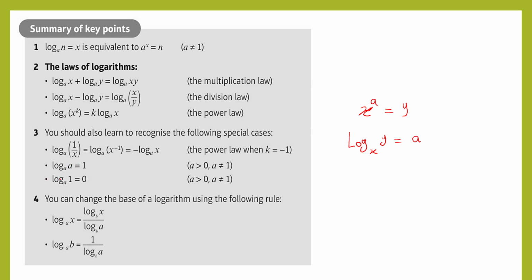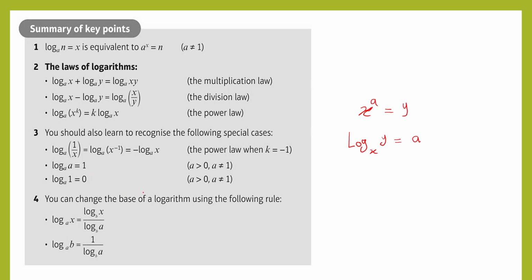Whenever we have a logarithm of 1 to the base a, the answer is 0. If you change this to exponential form, a to the power of 0 is 1. So you must be aware of these.